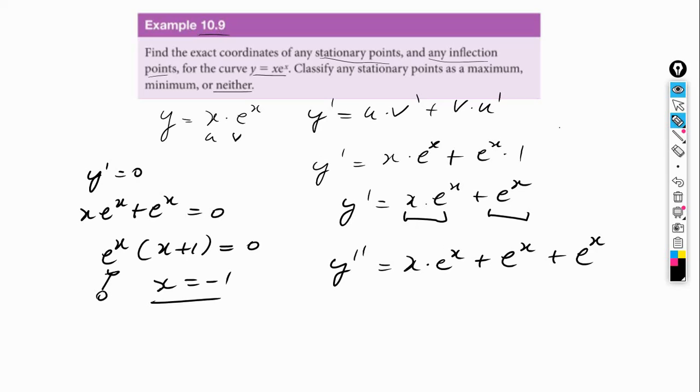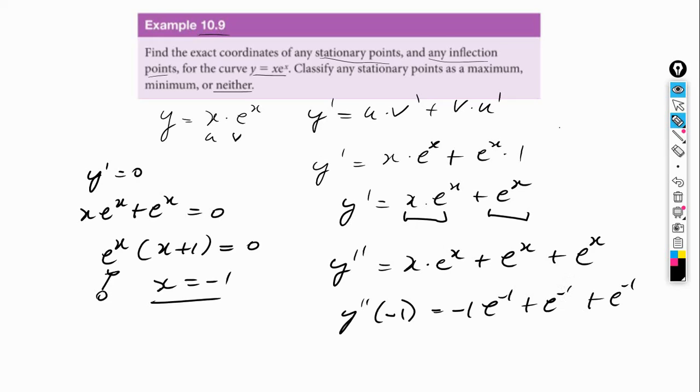And with this, what happens when we plug in -1? What are we going to get? So if we plug in -1, this is going to be -1 times e to the -1 plus e to the -1 plus e to the -1.